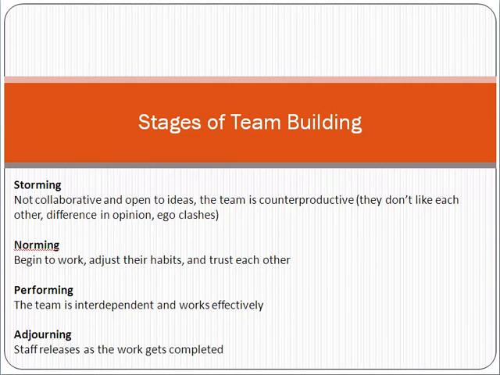Communication issues are occurring, so many issues are there. Many times ego problems, clashes and conflicts are there. So it's a stage of storming. Storming means that issues are coming.